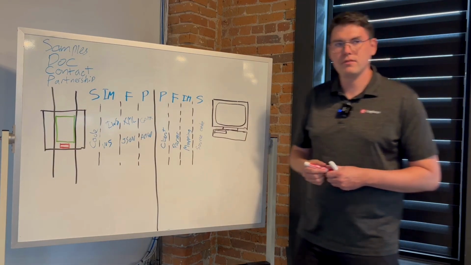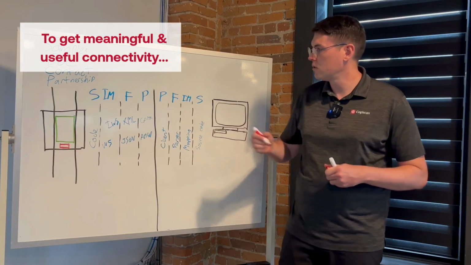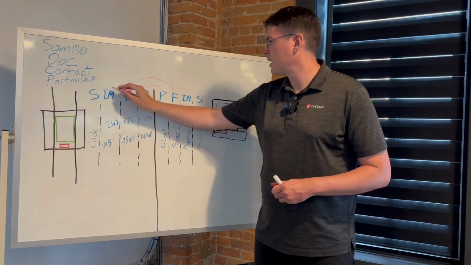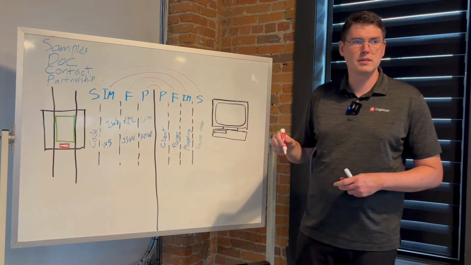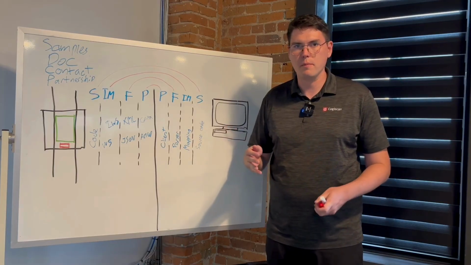So in the end, to have a connectivity that is correct and meaningful, you need to be perfectly aligned on the protocol, the format, the information model, and also the semantics. There are different ways to achieve it.